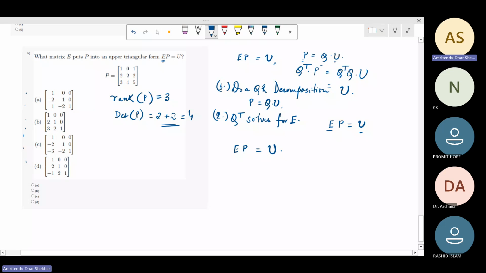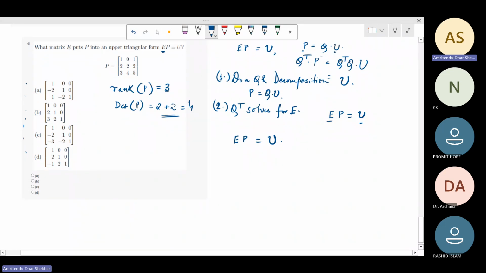Now there's going to be no unique solution, right? Because P is a full rank matrix. You can choose U to be any full rank upper triangular matrix.